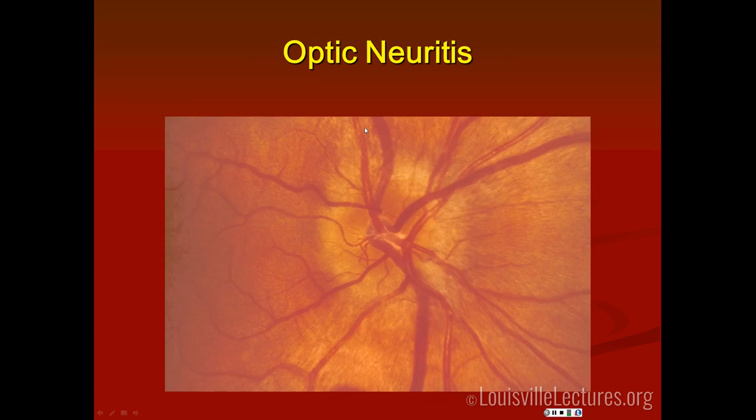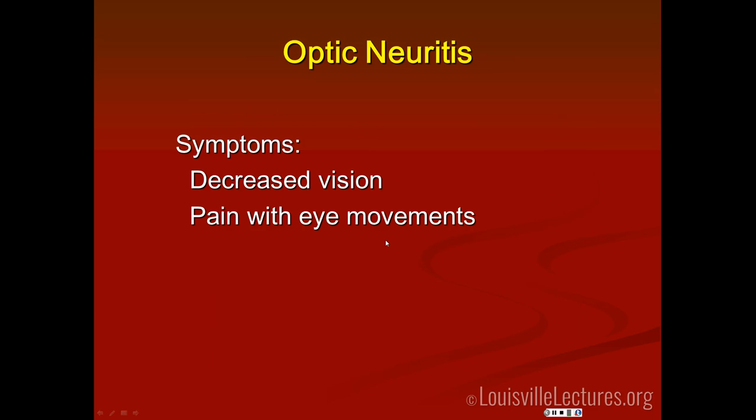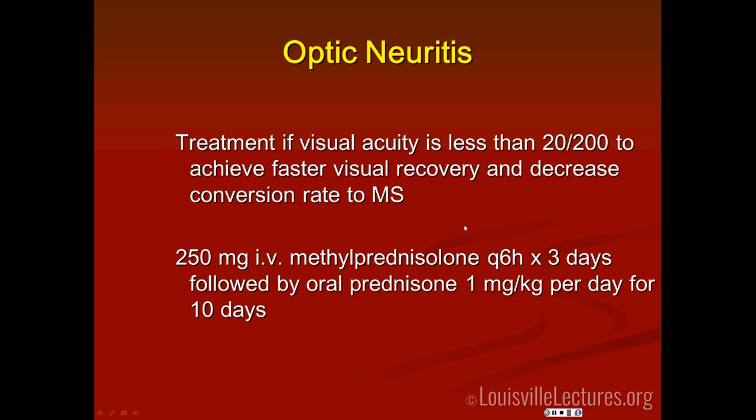So optic neuritis, the symptoms are decreased vision and pain with eye movements, and not everybody will have pain with eye movements. For this we treat if visual acuity is less than 20/200, but we typically treat if there is probably even 20/100 to achieve faster visual recovery and also decrease the conversion rate to MS. If there's significant visual loss, like 20/200 or worse, we'll do IV.